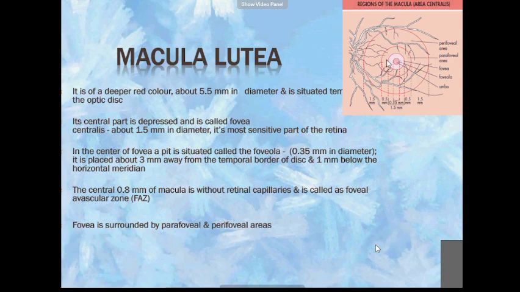In diabetic retinopathy, if there is an extensive amount of occlusion, this foveal avascular zone will increase in size. In that case, there will be extensive ischemia. So whatever treatment you give for the macular edema, the patient will not improve. So you should know what is a macula, what is a fovea, parafovea, perifovea, and the foveal avascular zone. Foveal avascular zone is very, very important with respect to macular edema which occurs in diabetic retinopathy.